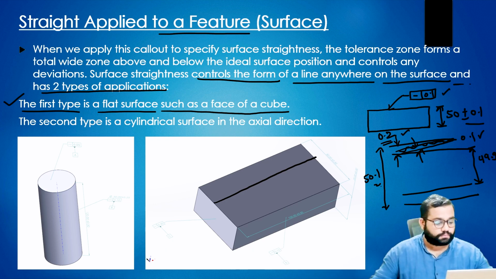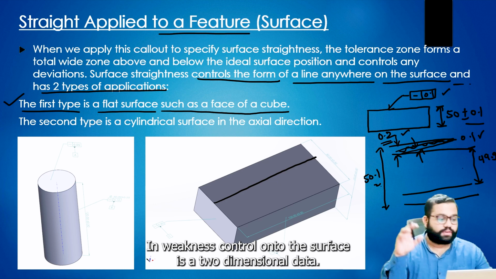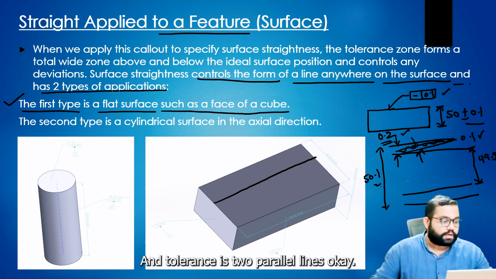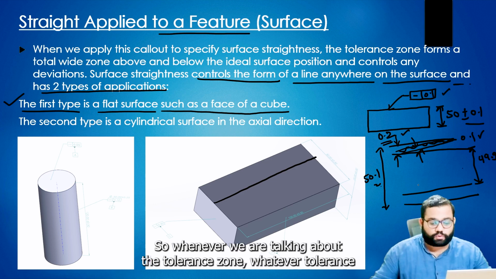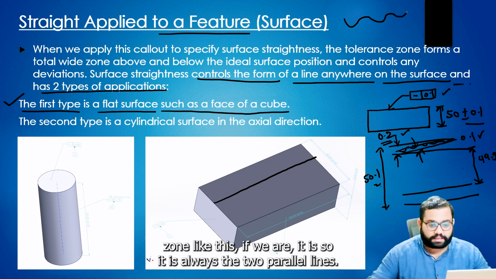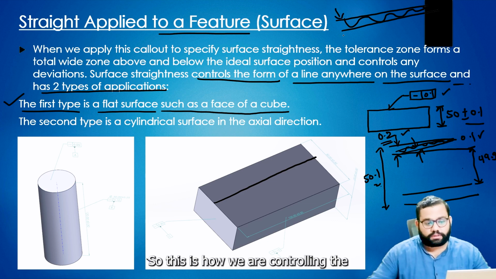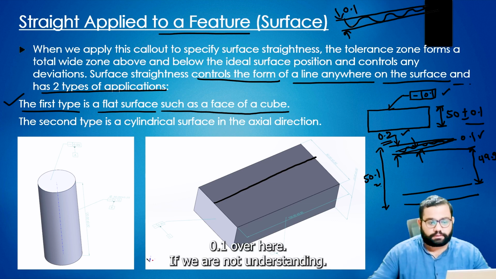Straightness control onto the surface is a two-dimensional entity, as I have already told you, and the tolerance zone is two parallel lines. Whenever we are talking about the tolerance zone like this, it is always two parallel lines. So this is how they are controlling the 0.1 over here.